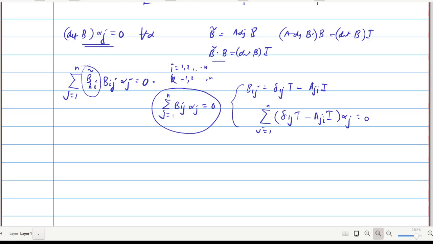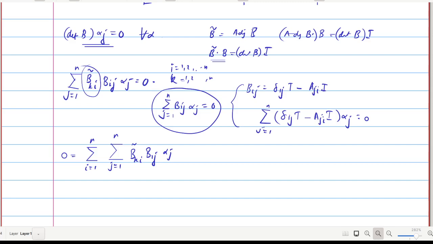Okay, now you write 0 equal to summation i equal to 1 to n, summation j equal to 1 to n, b_ki tilde b_ij alpha j, because if you add this for i equal to 1, i equal to 2, i equal to 3, etc., i equal to n, we have summation i equal to 1 to n of this quantity.